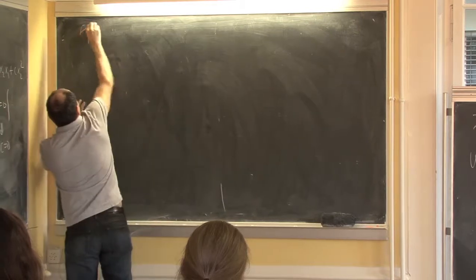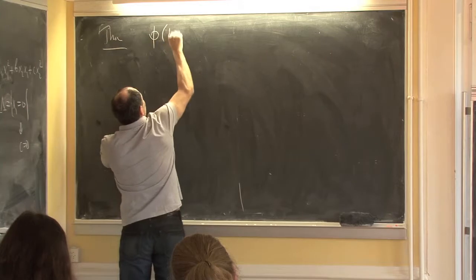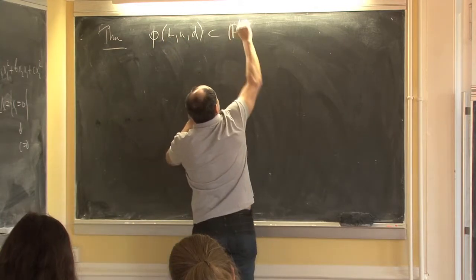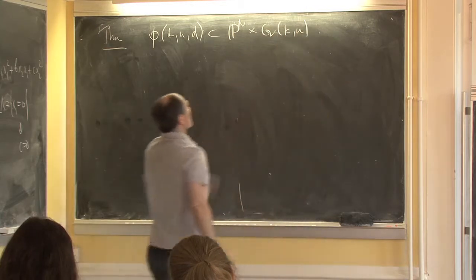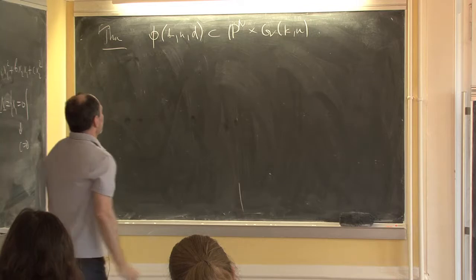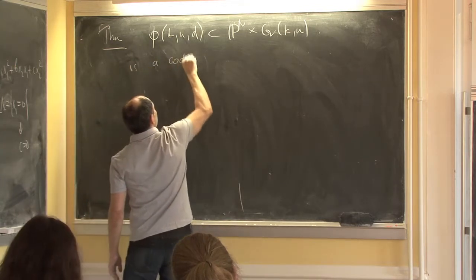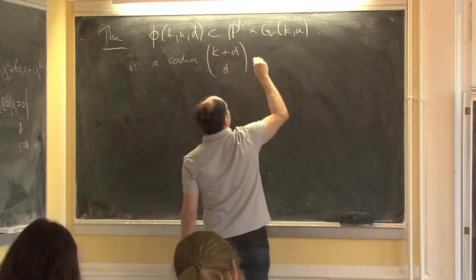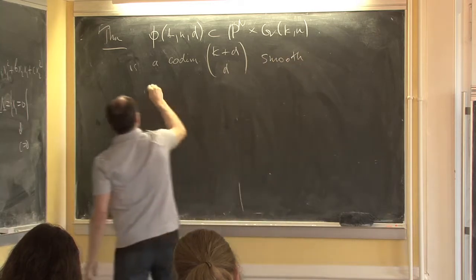So the theorem is that this phi Pn, this was a bit too much for one lecture, is a codimension k plus d choose d smooth subvariety.